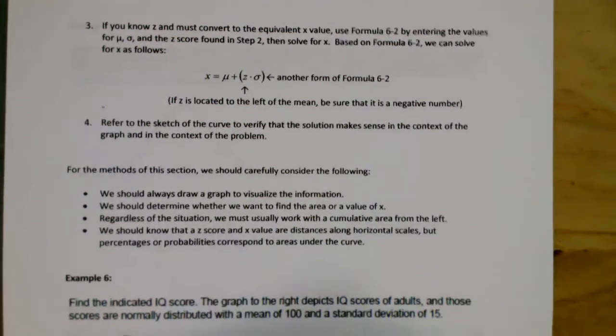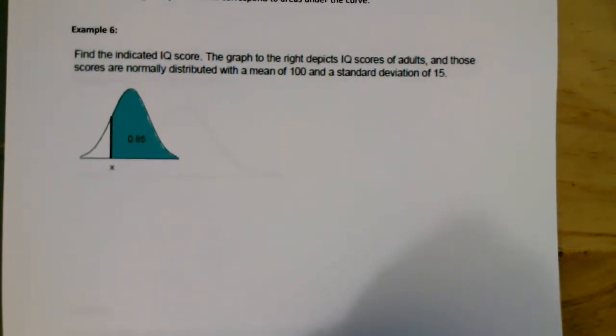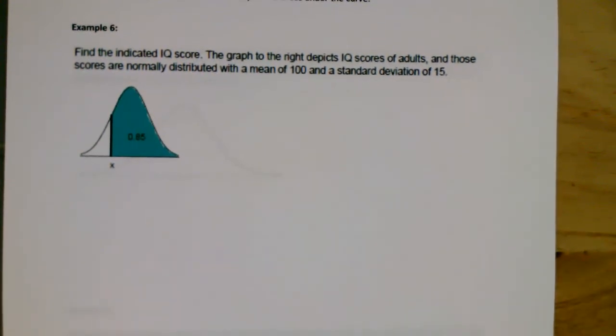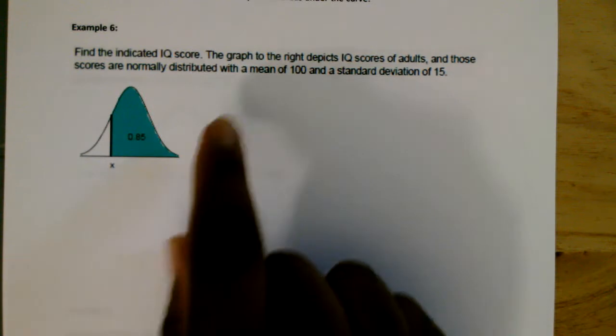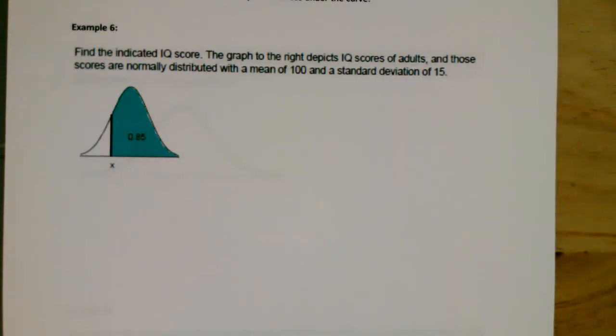So now let's apply this procedure to example 8. Okay, here it is. Let's say I want to find the indicated IQ score. The graph here depicts IQ scores of adults, and those scores are normally distributed with a mean of 100 and a standard deviation of 15.